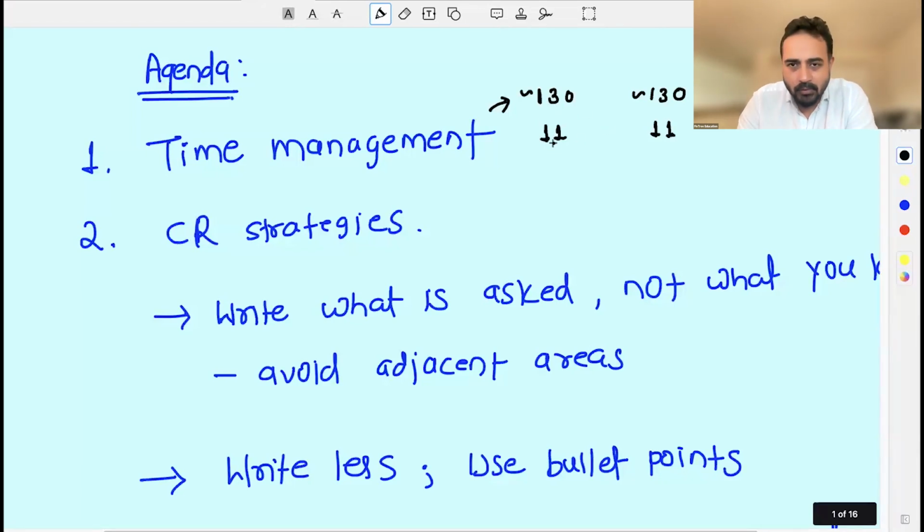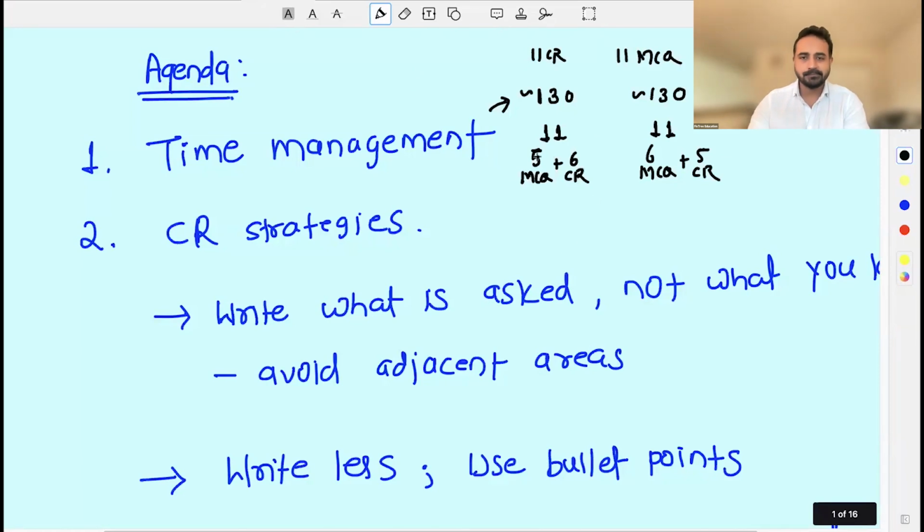The breakdown of those 11 case studies would be 5 MCQs, 6 constructed response, and 6 MCQs plus 5 constructed response. So you're looking at a total of 11 CR and 11 MCQ-based case studies. Now the sequence might change. That means in the first half, you might get 6 plus 5 instead of 5 plus 6, but the total will be the same, 11 CR, 11 MCQ.